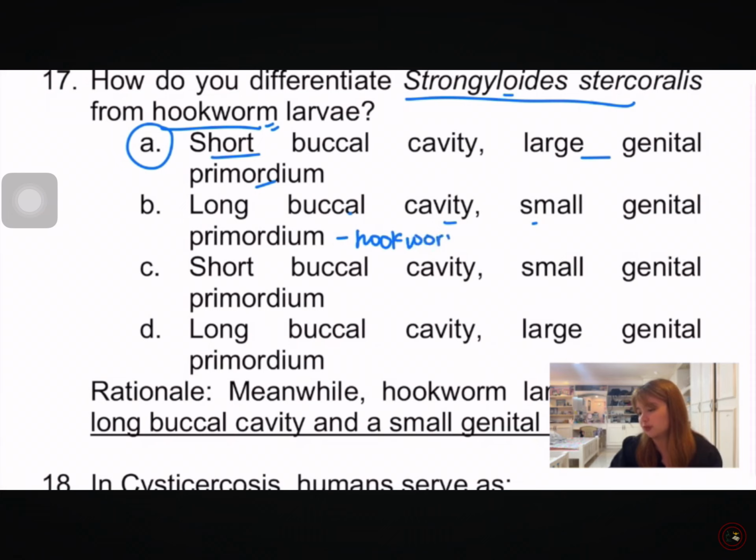Ito yung sa hookworm. Ayun yung Strongyloides stercoralis, guys.